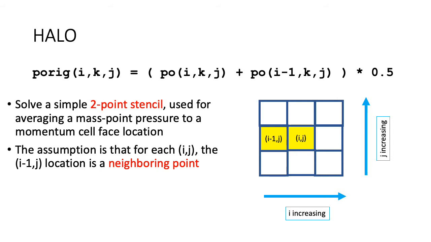Here, the 3x3 grid cells represent what our processor owns. So I minus 1, comma J and IJ are neighboring grid cells in the exact same processor.